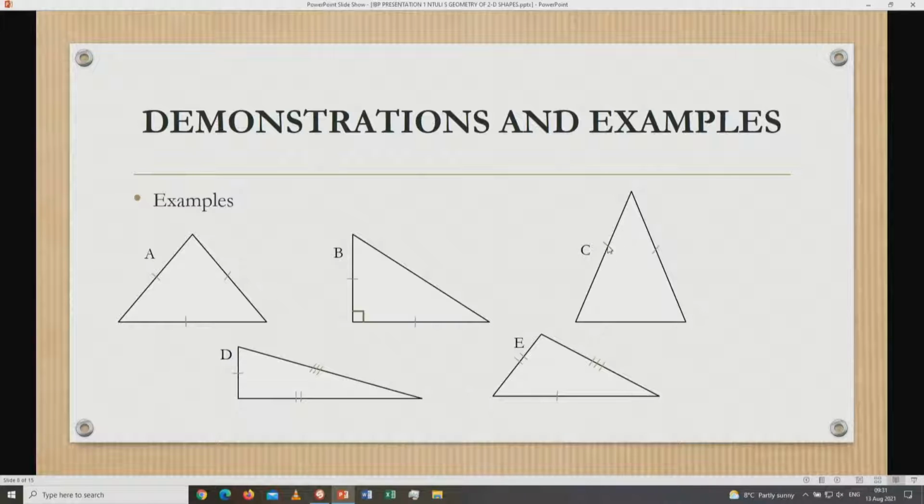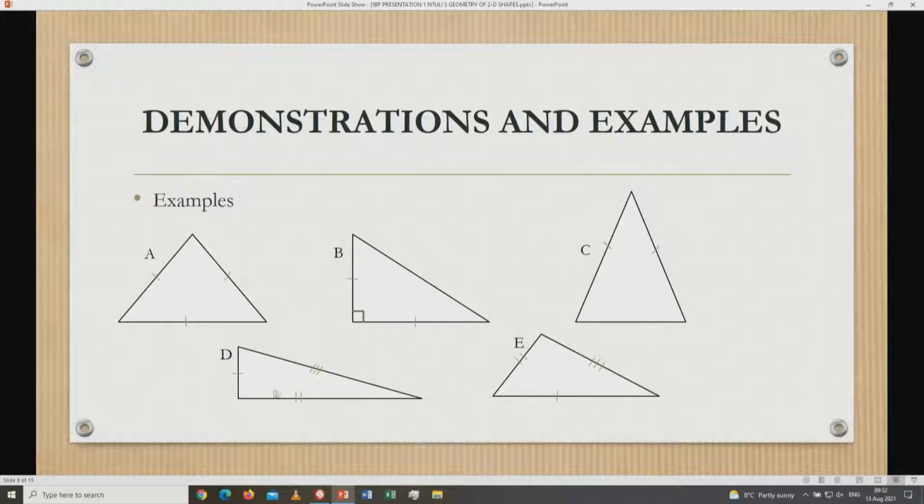In triangle C, we also see 2 markings. We will later find out what those markings mean. In triangle D, there is a mark on this side which is only 1 tick, and here there are 1, 2, 3 ticks. Here there are only 2 ticks.